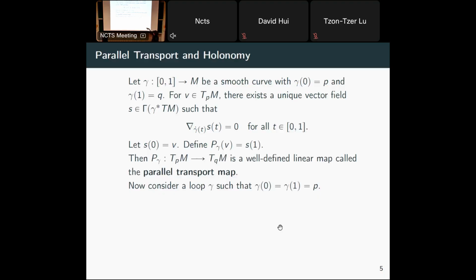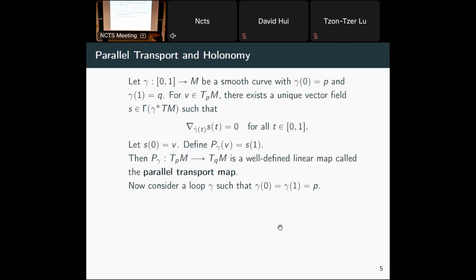So the idea is you will start with a curve where the initial point is P and final point is Q. And then for a vector in your tangent space, you should be able to find a unique vector field, which is a section of the pullback bundle, such that the Levi-Civita connection of that section in the direction of the tangent of the curve is 0. So basically what's happening, you start with a tangent vector and you kind of move along your manifold. That's basically a parallel transport.